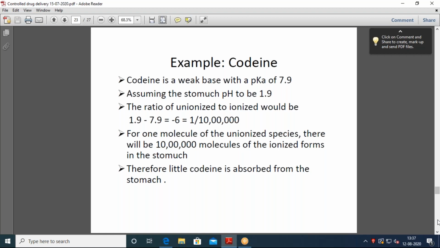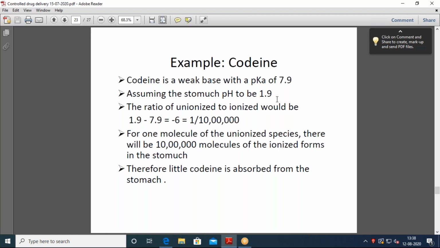It is only to show how the well-known Henderson-Hasselbalch equation works. Ionization or unionization is determined by two factors: one is the pH and the other is pKa.